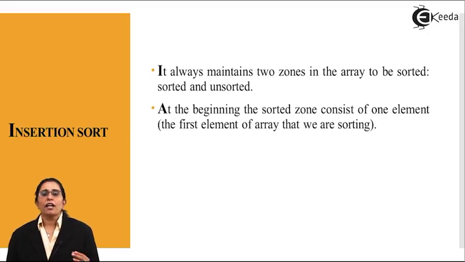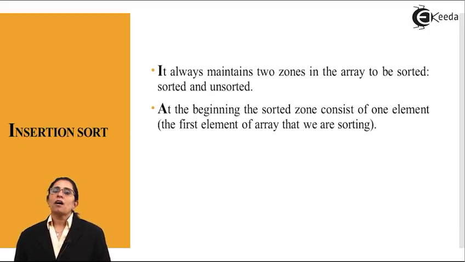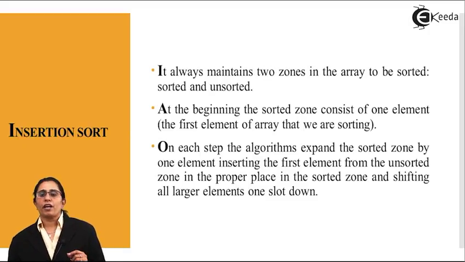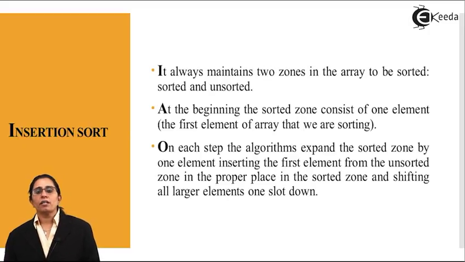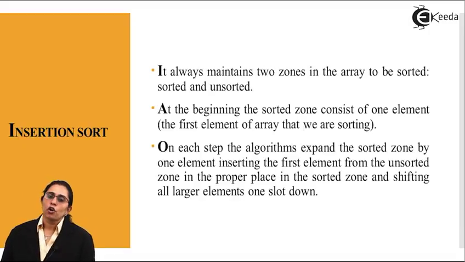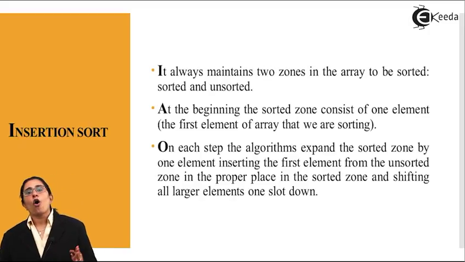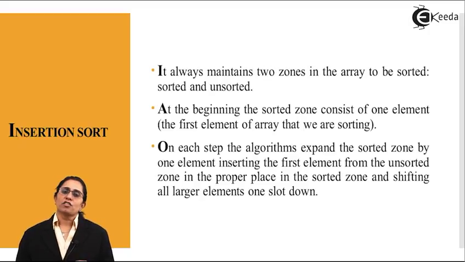As we will see in all these internal sorting algorithms, the first element is always considered as the sorted list from the complete unsorted list of array. On each step of the algorithm, we expand the sorted zone by one element, inserting the first element from the unsorted list into the proper place in the sorted zone and shifting all the larger elements one slot down, that is into the unsorted area.